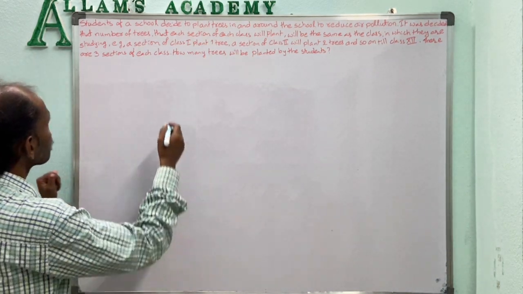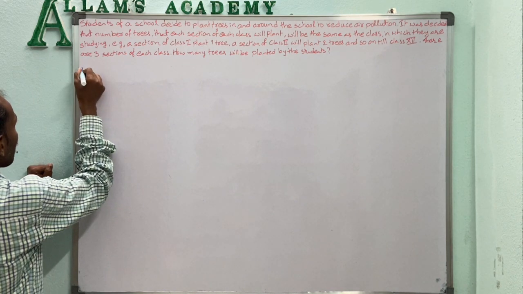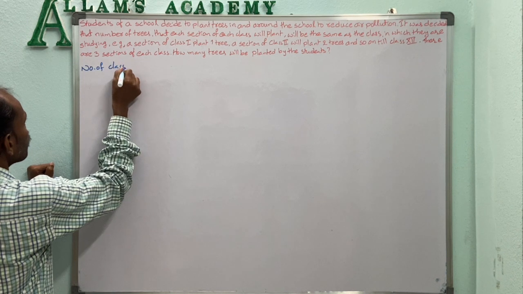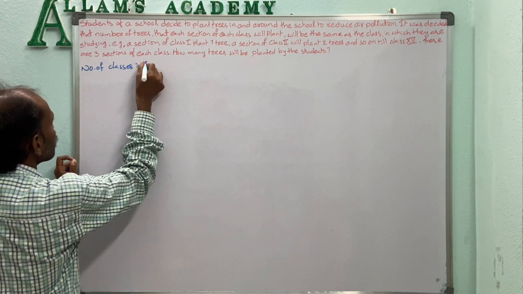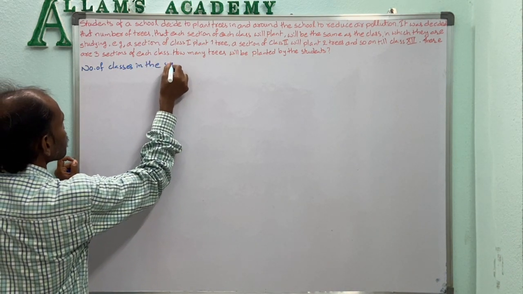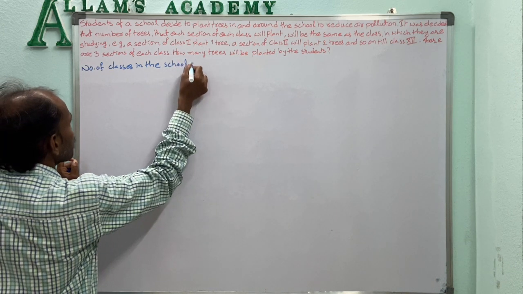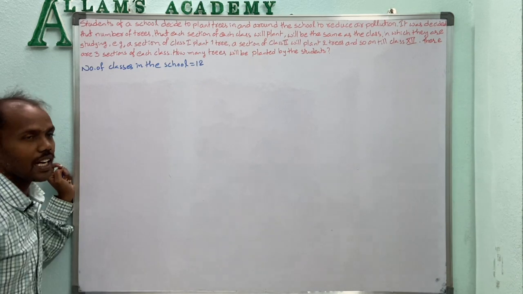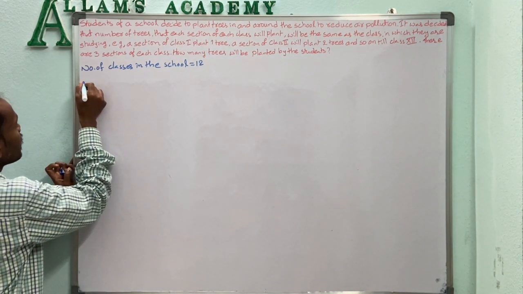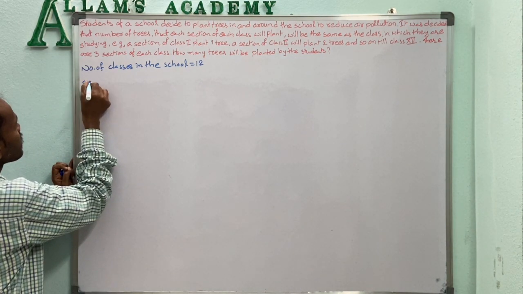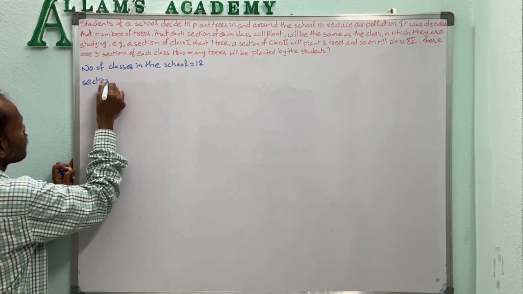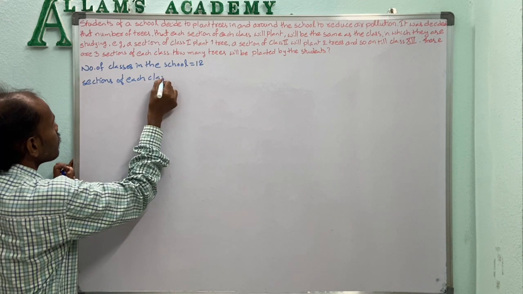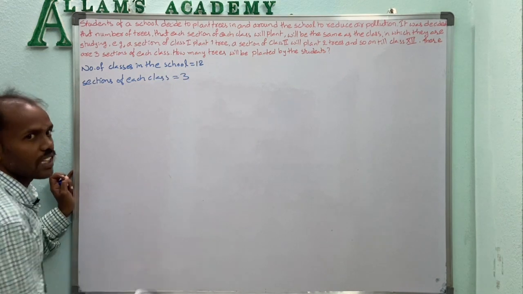Okay, now the number of classes in that school is 12 given, that is class 1st to class 12. The sections of each class will be 3 sections given.